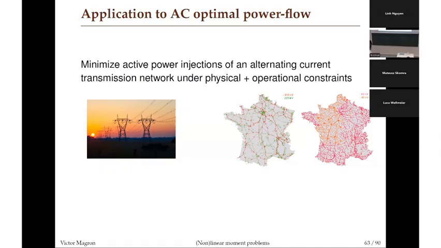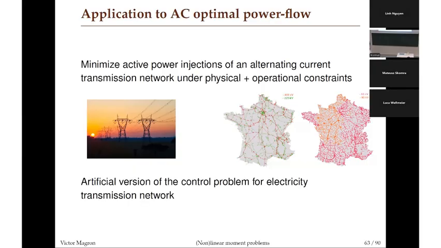They have different needs and also different requirements for how well you should solve their optimization problems. The basic problem is to minimize the operator cost, so the active power injections in your network, and of course you have physical and operational constraints. We'll talk about that a bit later.